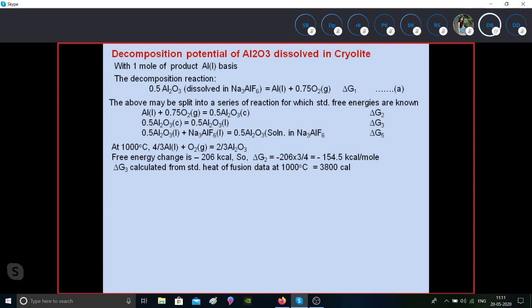Which one is taken as the basis, metal or oxygen? For all the lines in the Ellingham diagram, you will find in all the reactions you have only 1 mole of oxygen.